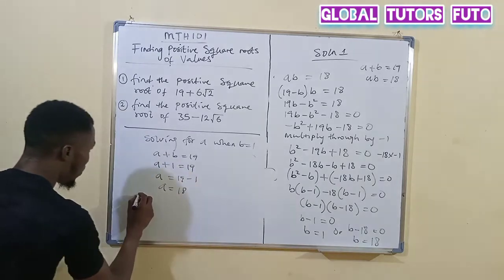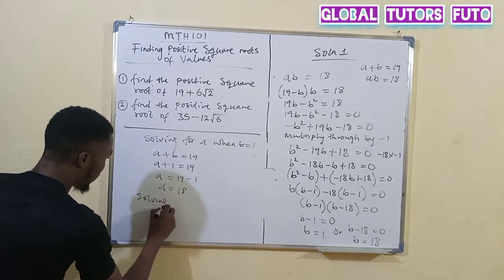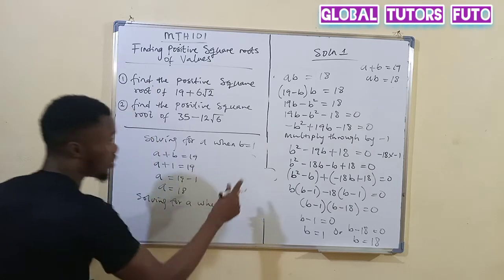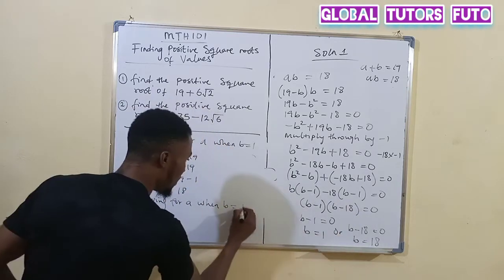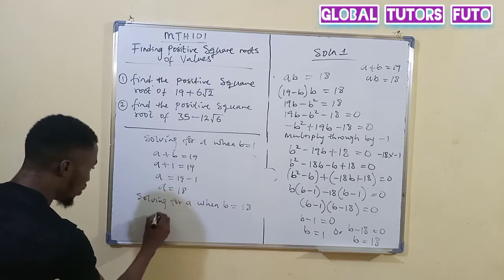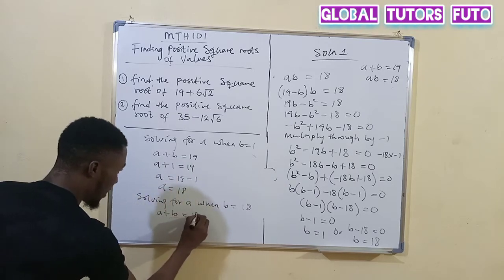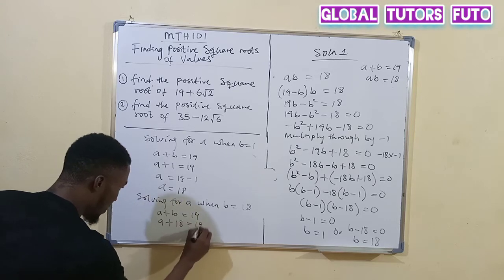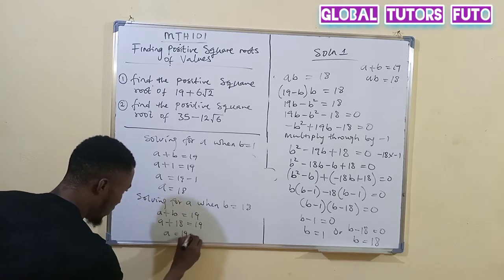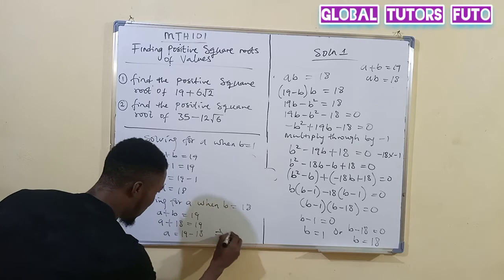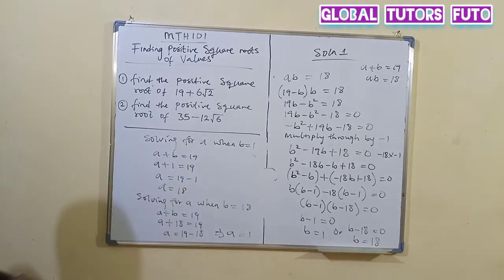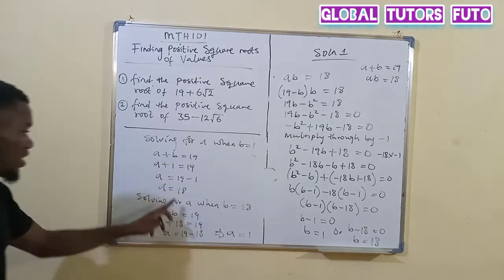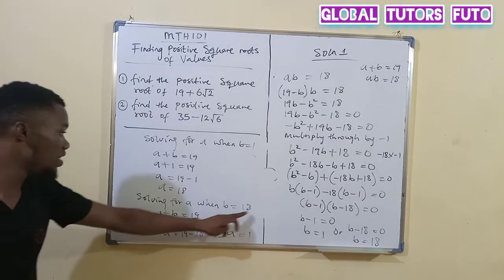Again, solving for a when b is 18, I'll still use the relationship a plus b is equal to 19. Now b is 18. A plus 18 is equal to 19. Therefore, a is equal to 19 minus 18, which implies that a is equal to 1. So when b is 1, a is 18. And when b is 18, a is 1.